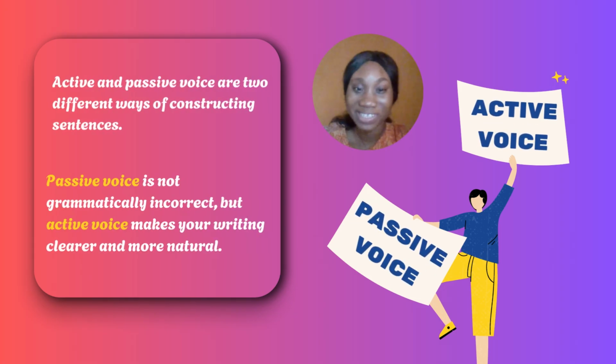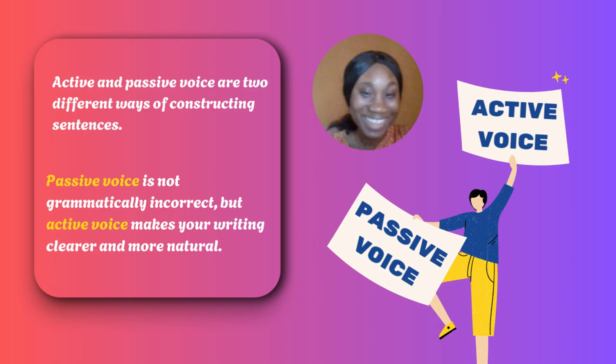Now, active voice and passive voice are two different ways of constructing sentences. None is the correct way and none is the wrong way. They are both correct, it's just that they are different. Now, how do we differentiate? I would put it like this: active voice is the one that we use when we are speaking every day.